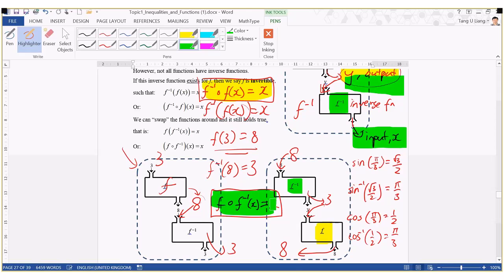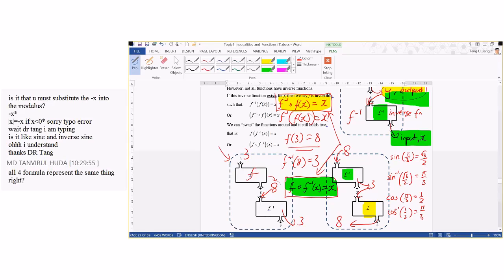If a function has f to the power negative 1, both of these equations must be true. In the yellow box, f comes first, then followed by f to the power negative 1. In the green box, f to the power negative 1 comes first, then followed by f. All four formulas represent the same thing.